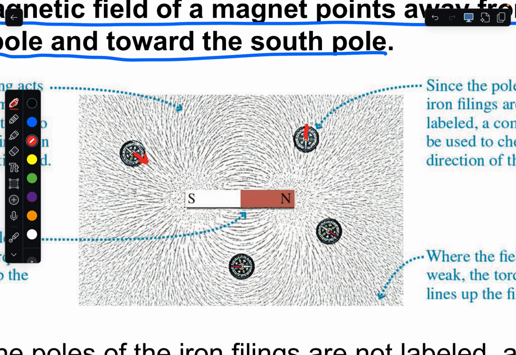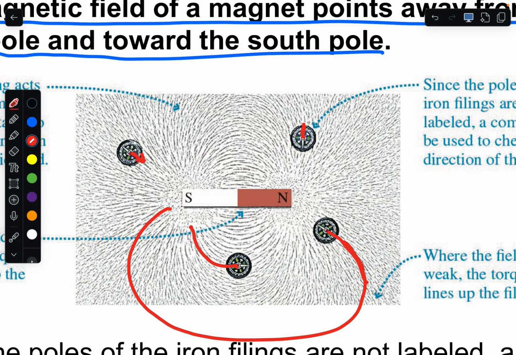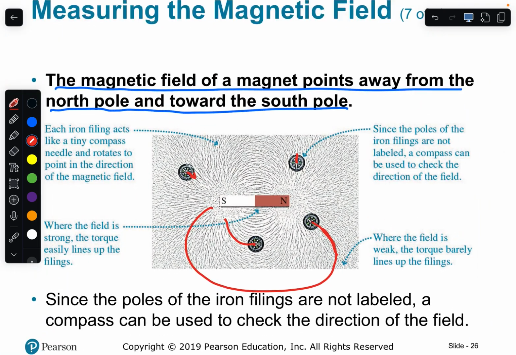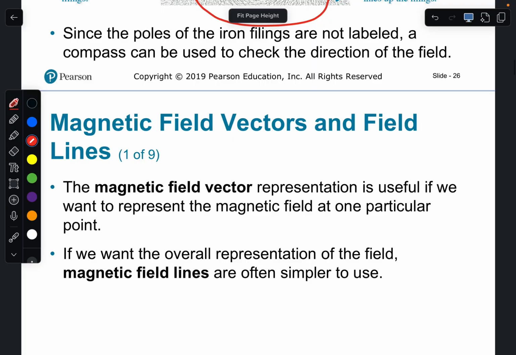Do we see that? On its way toward the south, this is eventually going to curl around like that. So those are magnetic field lines.